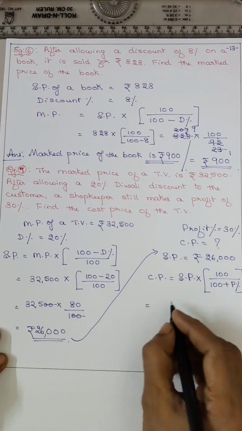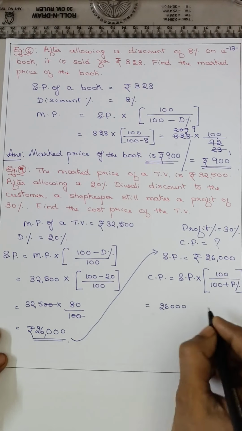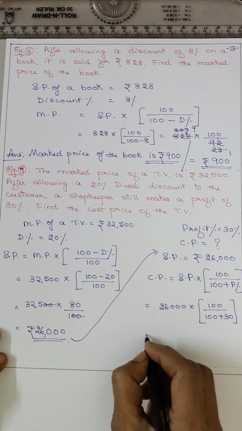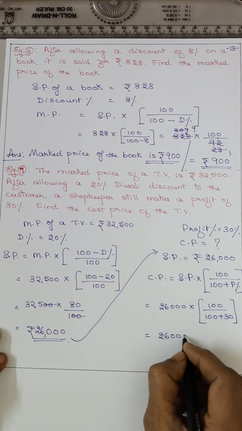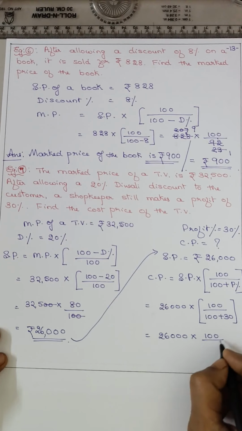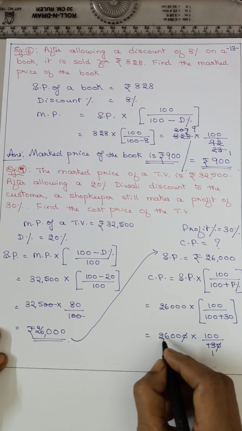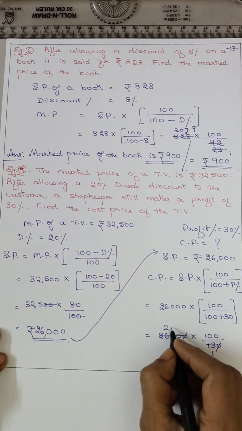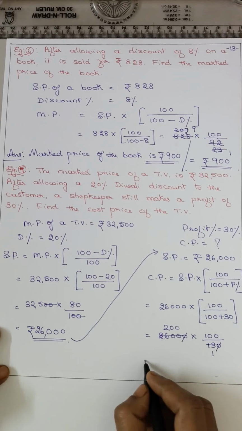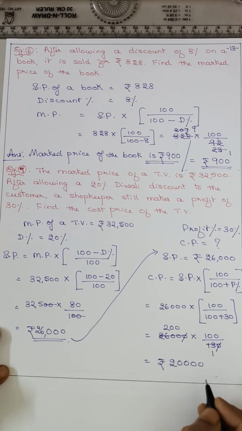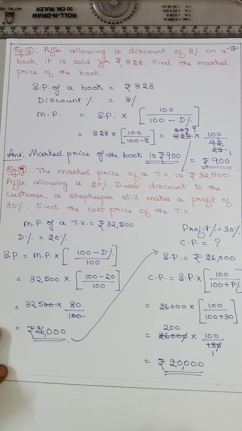Now put the values. 26,000 into 100 upon 100 plus 30. That means 26,000 into 100 upon 130. 0, 0 cut. 13 1s are 13, 13 2s are 26. 2 zeros. So that means it is rupees 2 1 2 3 4 zeros. So that is 20,000.